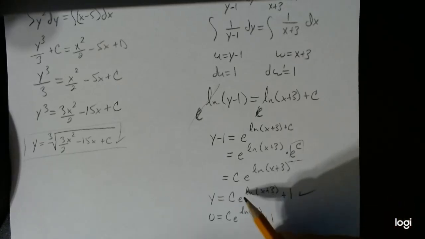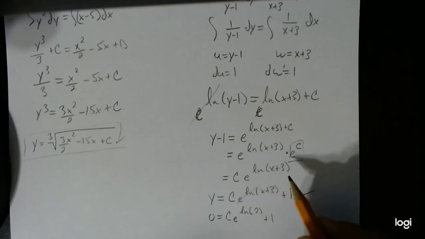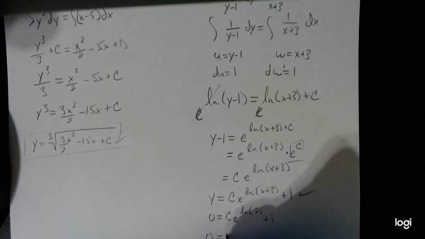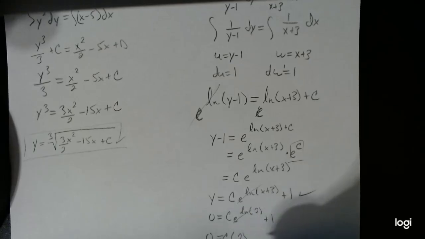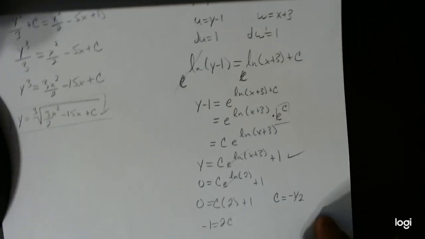The best part is these cancel. We just get 2 plus 1. Then we solve for c: subtract the 1 over, and then divide by 2. We find out c is equal to -1/2.